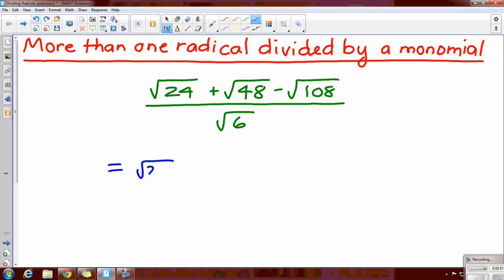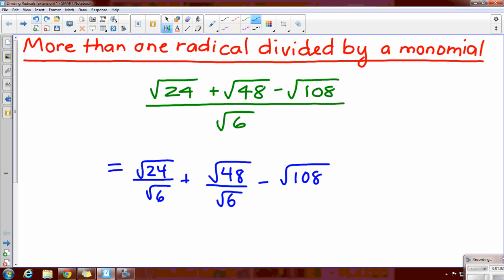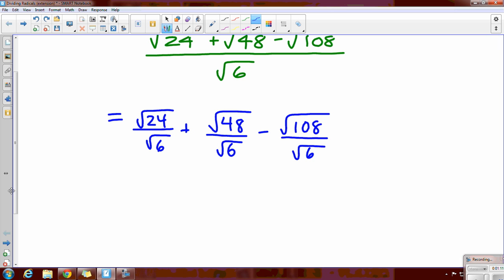So we have the root of 24 divided by the root of 6, plus the root of 48 divided by the root of 6, minus the root of 108 divided by the root of 6. Now we have it broken up into 3 separate divisions, and we can follow just what we learned in our last video about dividing radicals.